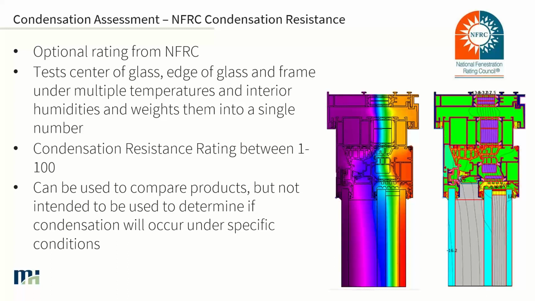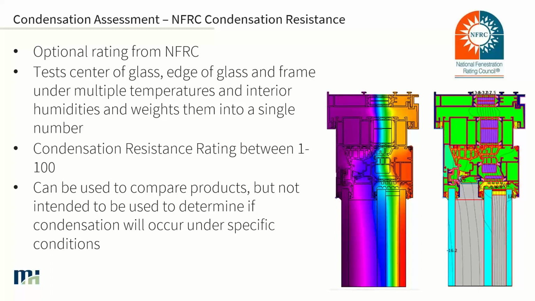What it does is test center of glass, edge of glass, and different frames under different temperatures and interior conditions, and weights that into a single number between 1 and 100. It gives you an idea of how well this system is intended to perform for condensation resistance.